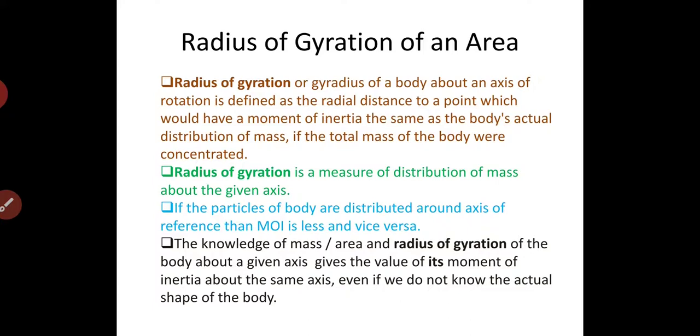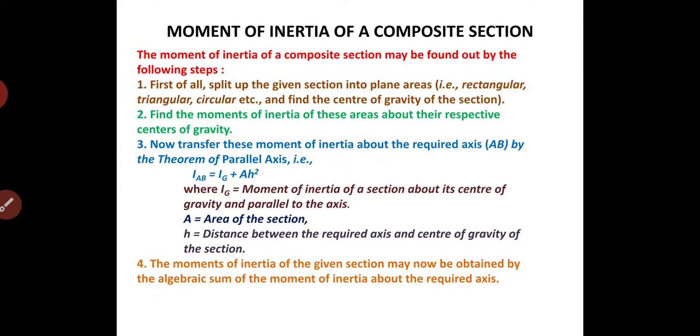If we know the mass or area and radius of gyration, then we can find its moment of inertia without knowing its actual shape. The derivation is not required here because it has been discussed earlier.